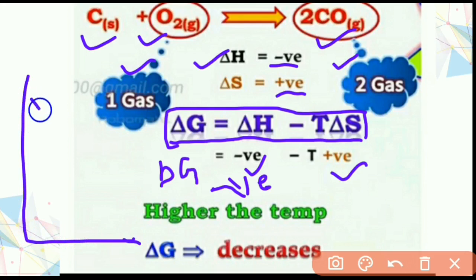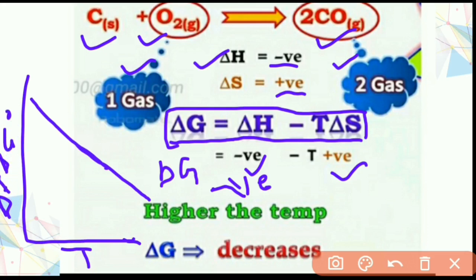So when we plot the formation of del G against T, we get the negative graph for carbon monoxide. At higher temperature the stability of carbon monoxide increases, and the del G value becomes more negative.